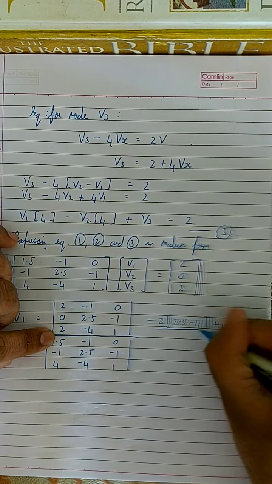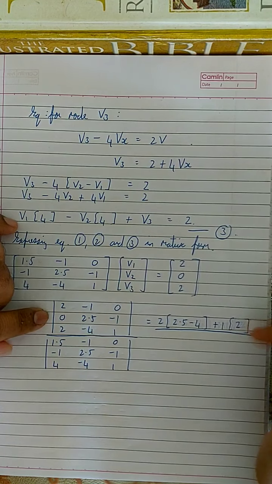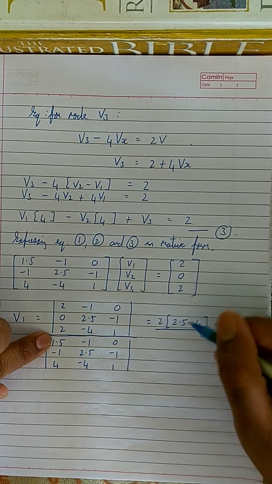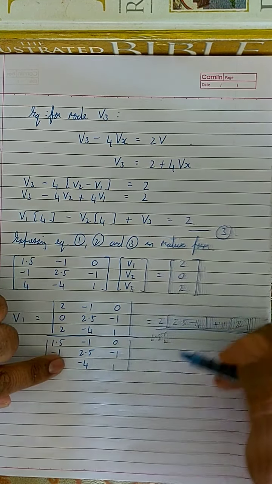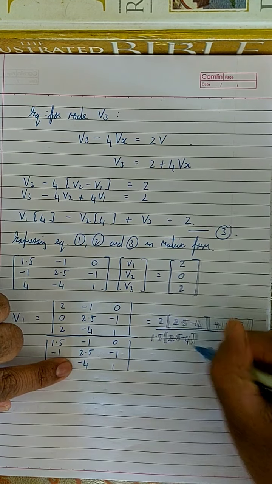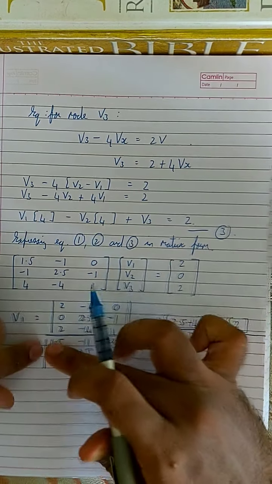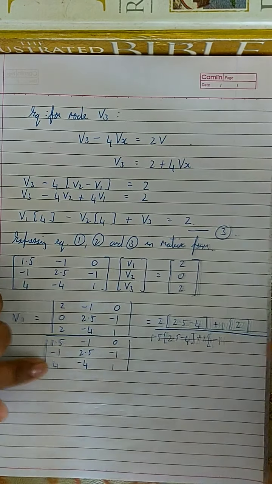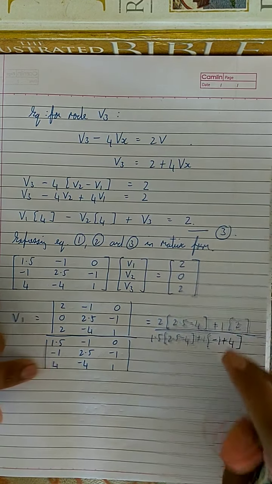Divided by, this is 0 into, so you don't have to consider that. Now let's see what's the denominator. The denominator is 1.5 into 2.5 minus 4 again, plus 1 into, this is minus 1, and this is minus 4 becomes plus 4, right?